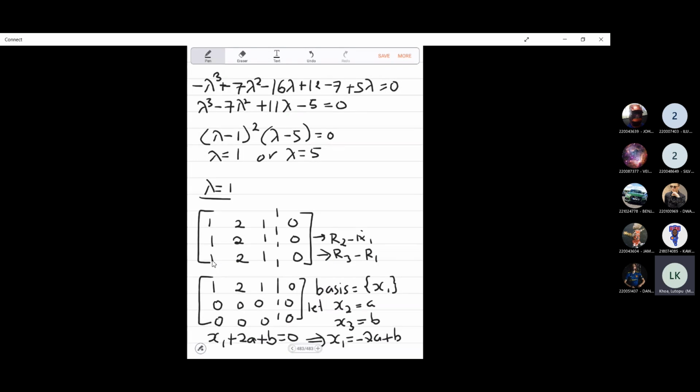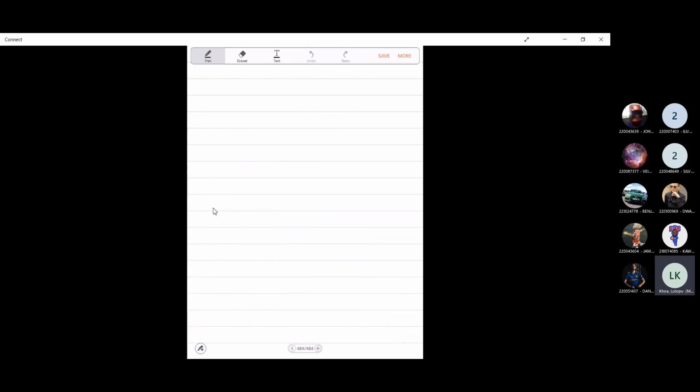Okay, so my eigenvector associated with this one will look like this. So the family of eigenvectors will look like this: minus 2a minus b, and then here I have a and then b over there.